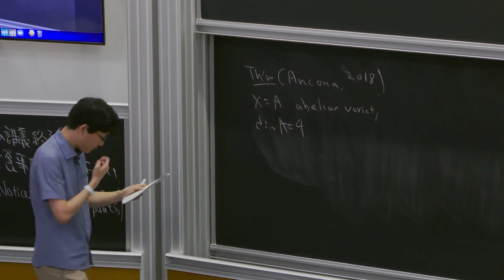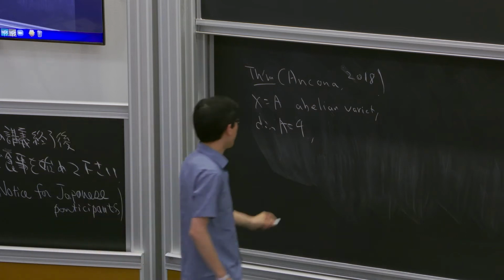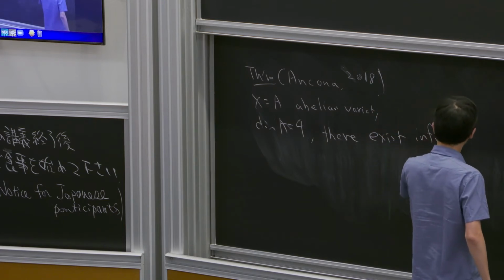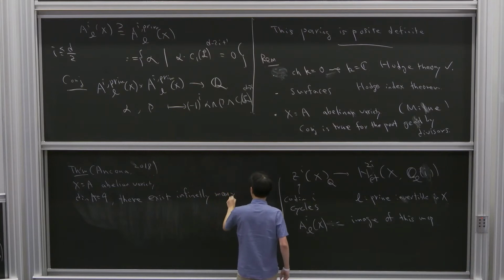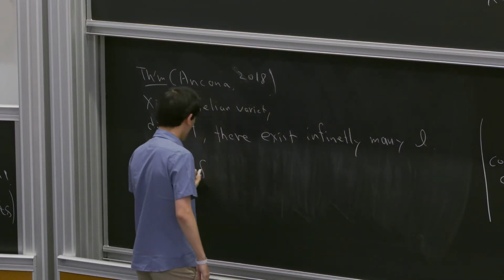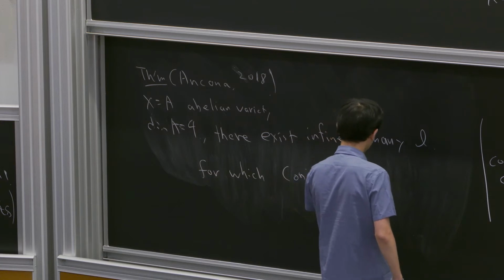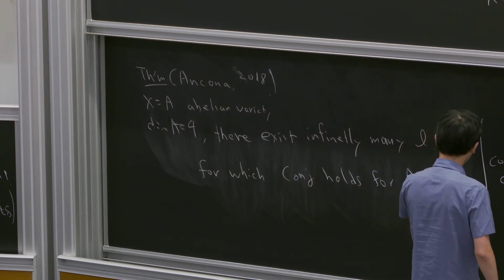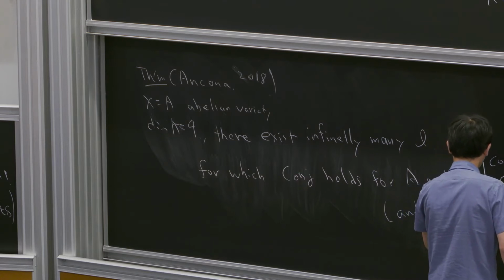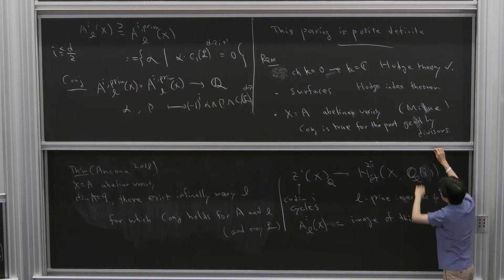And the claim is, I mean, he cannot quite prove the whole conjecture, but there exist infinitely many l for which the Hodge standard conjecture holds. And perhaps I should say every l.